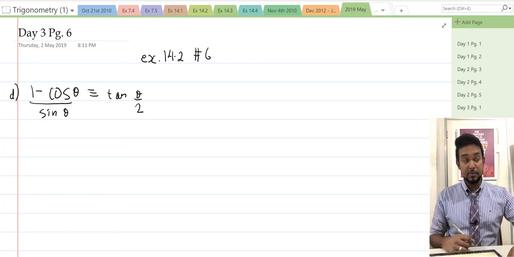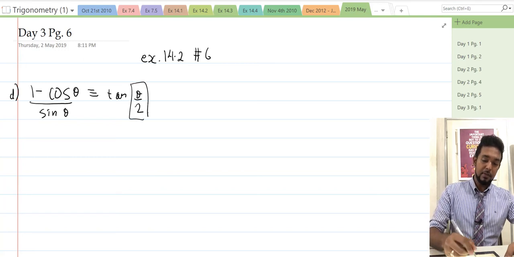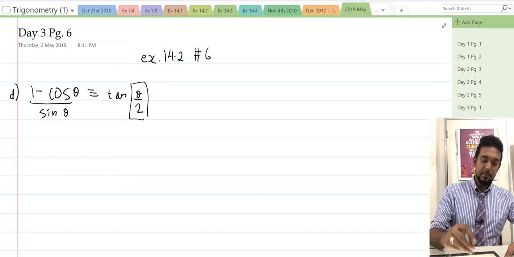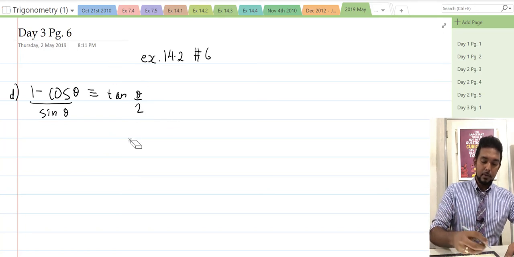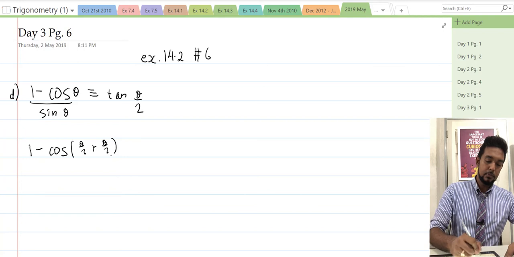From a previous question, we saw that if we are going to the half theta, we probably want to split these thetas into half thetas one time. So we have 1 minus cos of theta over 2 plus theta over 2, all over sine of theta over 2 plus theta over 2.